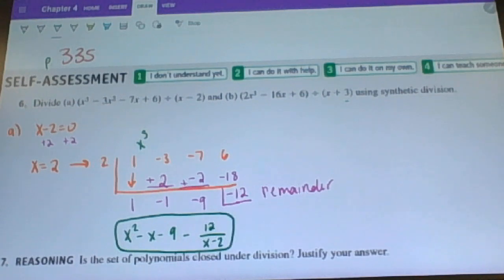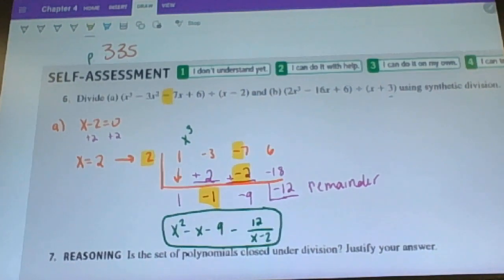Change the signs on what? No, this is how it worked out. The 7 was negative in the problem. Okay. And this -1 times 2 is a -2.